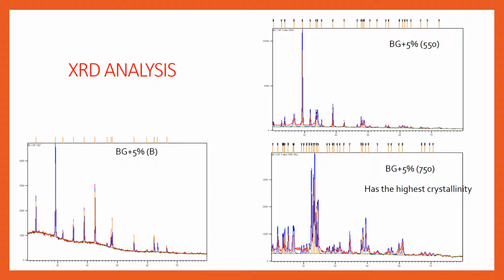Next, for the XRD analysis of the bioactive glass with 5% CNF, the sample at 750 had the highest crystallinity compared to the rest.